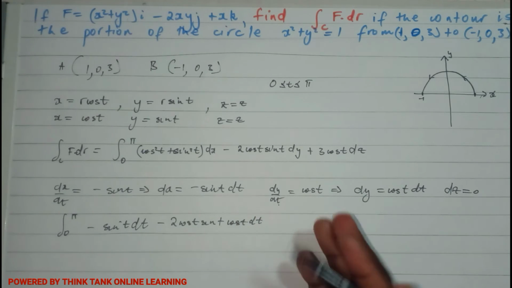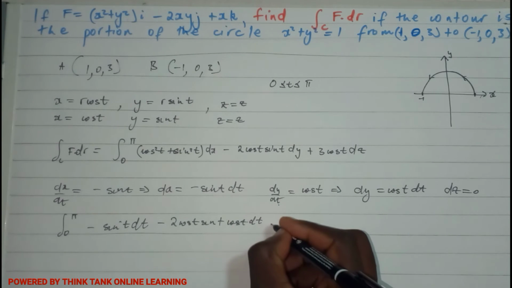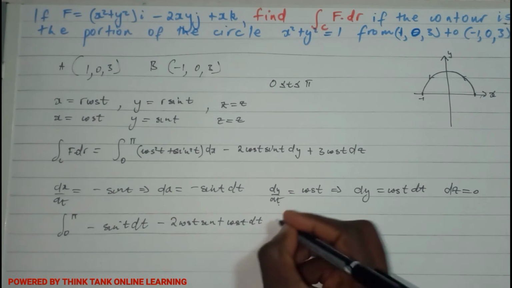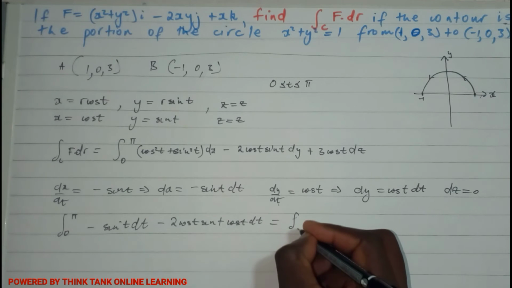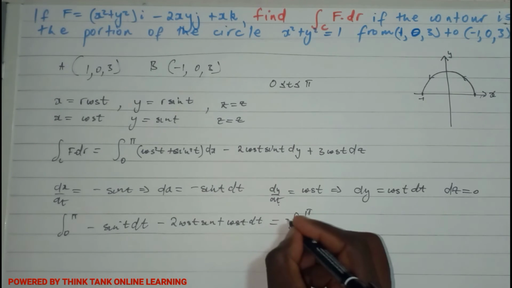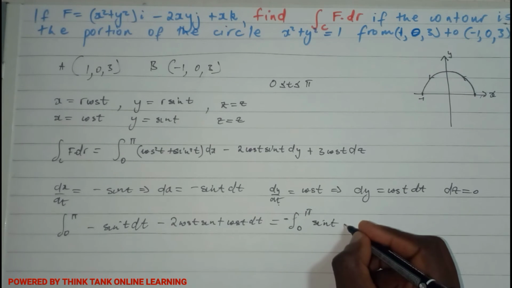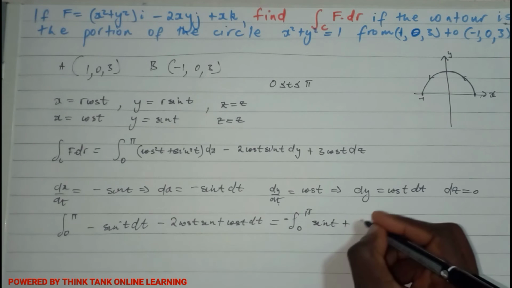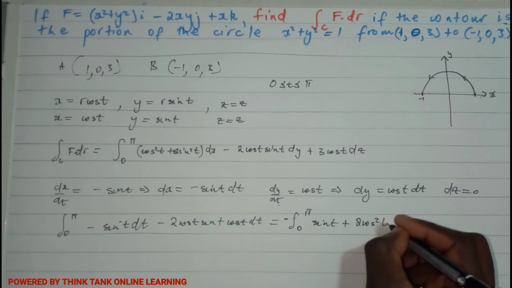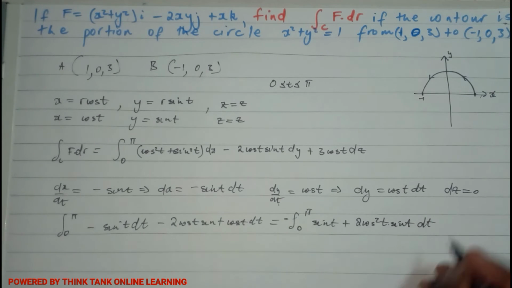I don't want to waste time writing the dz term because we know dz equals 0. So if you factor out dt, you're going to have the integral from 0 to pi. To avoid confusion, I'm going to factor out the negative, so I'm left with sine t plus 2 cos squared t sine t dt.